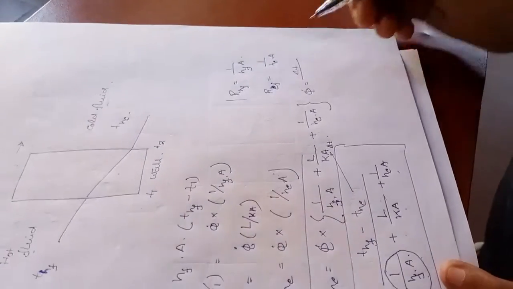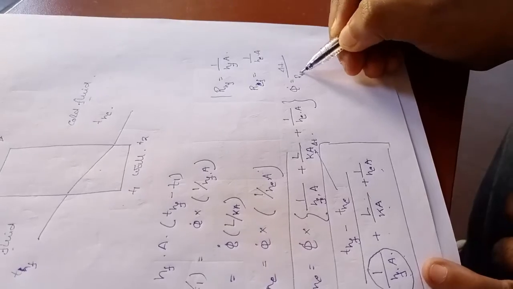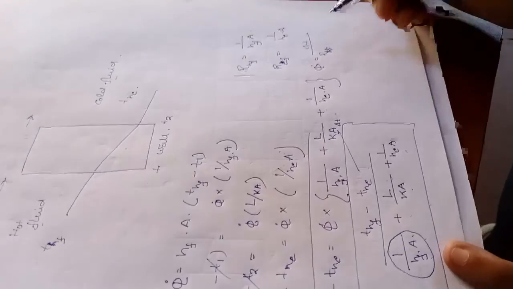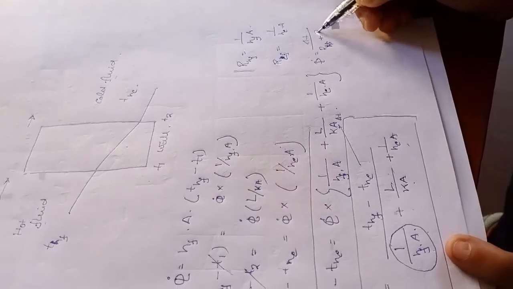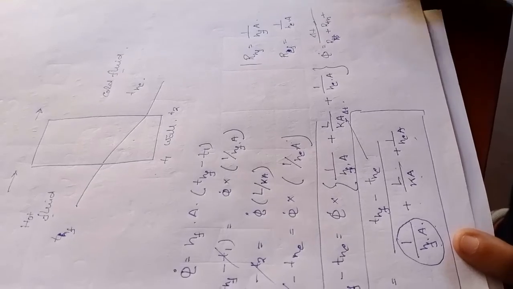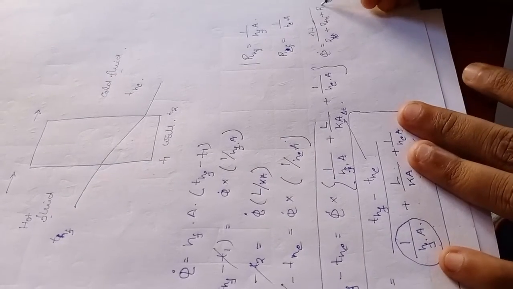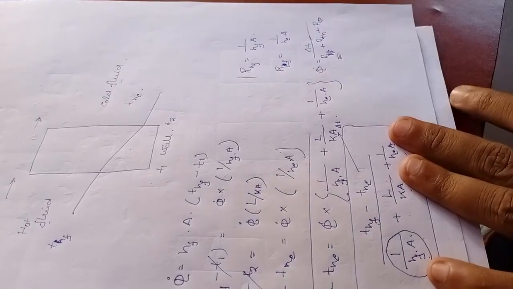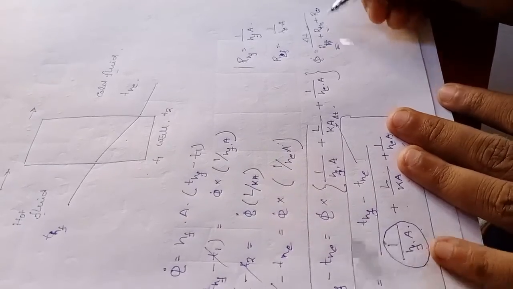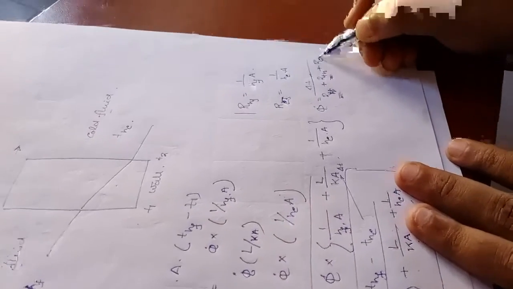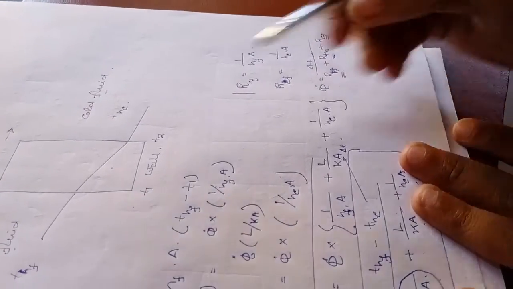Then we can say that Q dot is equal to del T by (RHF plus RTH plus RCF). That means the resistance due to the hot fluid plus the resistance due to the plane wall plus the resistance due to the cold fluid.